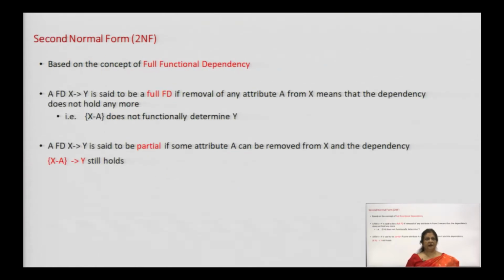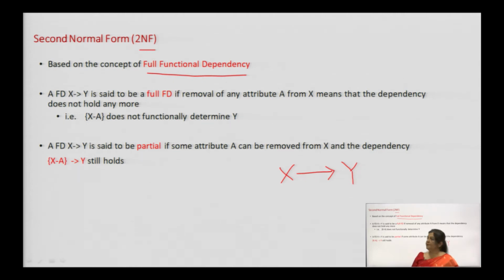Let us look at the second normal form, also written as 2NF, and the second normal form is based on the concept of full functional dependency. We already know that a functional dependency X to Y means that X completely determines Y, or Y is dependent upon X, where both X and Y can be a single attribute or a combination of attributes.